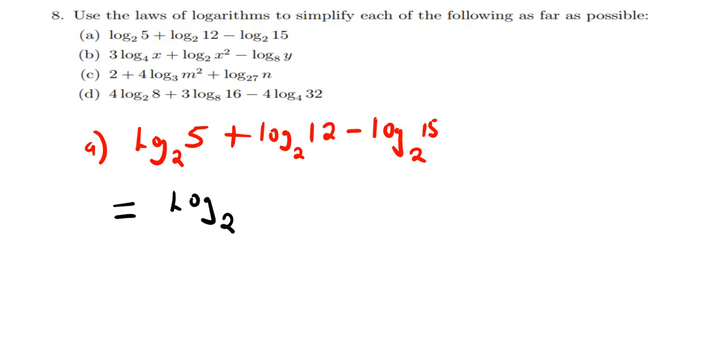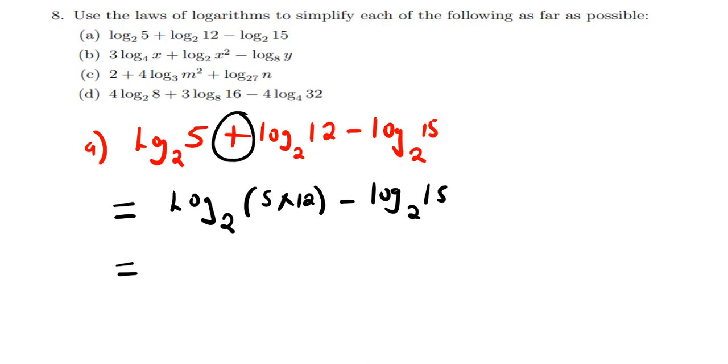Now when you're adding two logarithmic functions or expressions and they've got the same base, what do you do to your log that you're finding? So it means we're going to multiply 5 by 12. Then we've got a minus the log of 2, 15.